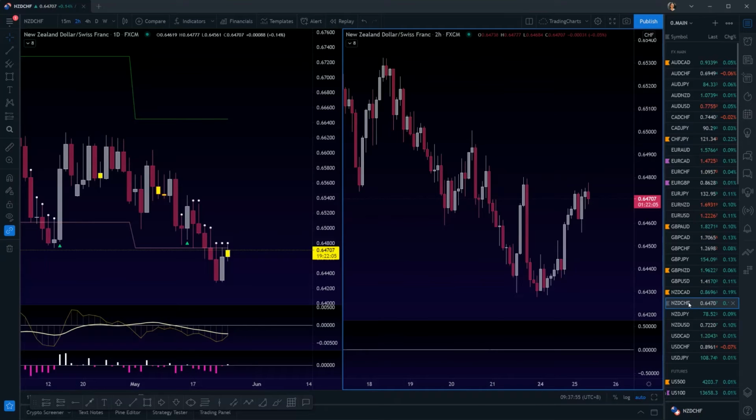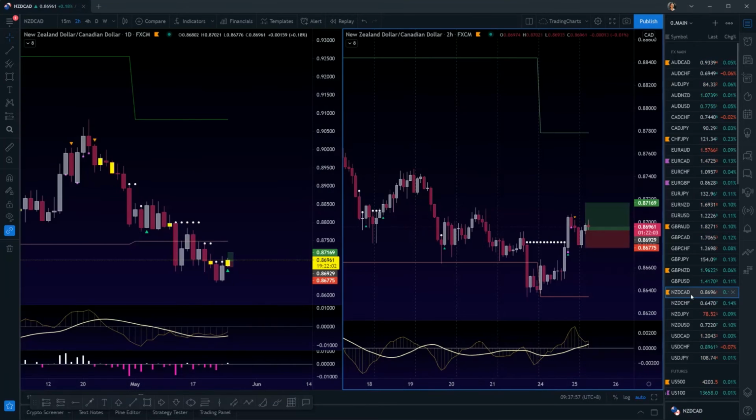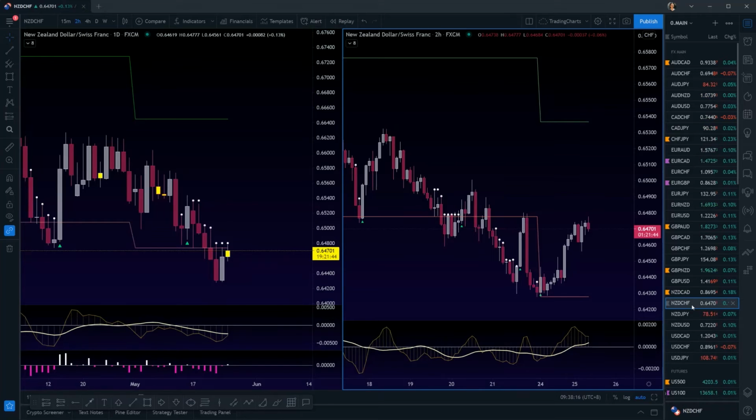New Zealand, Swiss. Sorry, let me just go back and take my notes here. New Zealand CAD, I think we'll do a pullback or anti-buy. 2 hours. Okay. New Zealand dollar Swiss.